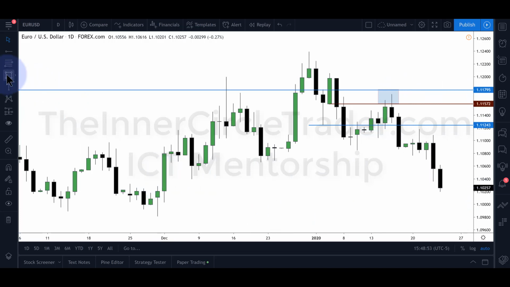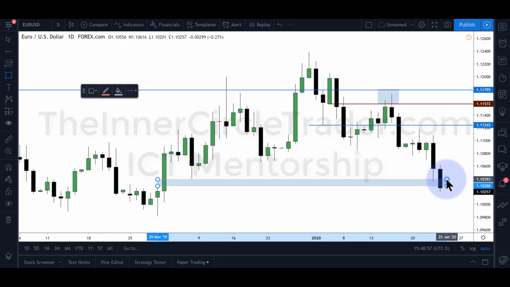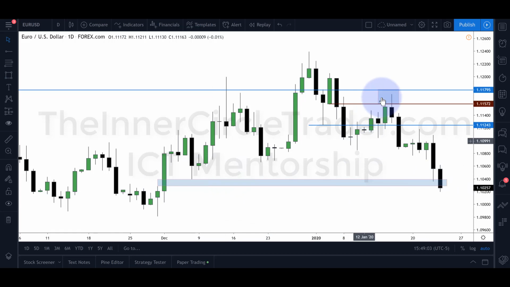Okay, we were looking for the market to reach into this BISI, buy side imbalance, sell side inefficiency on the daily right here. So we were looking for a sell that could have formed at 1180, but it's not required to be at 1180. The market hits a premium array and then sells off after the market structure is broken.